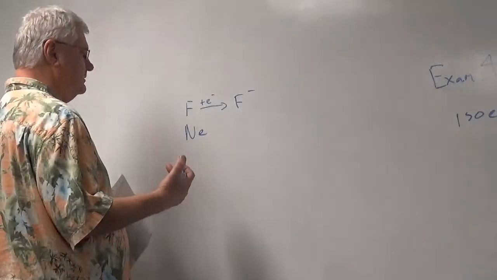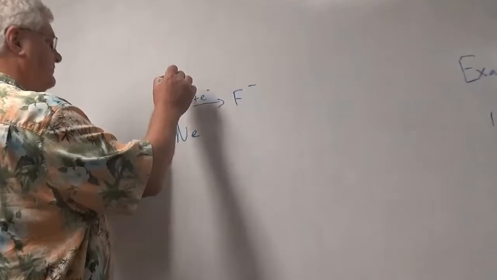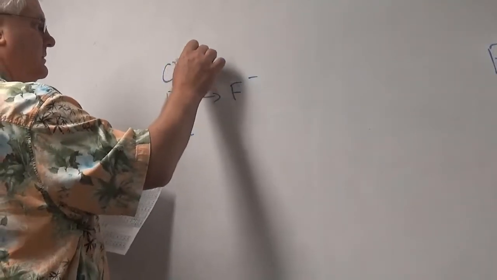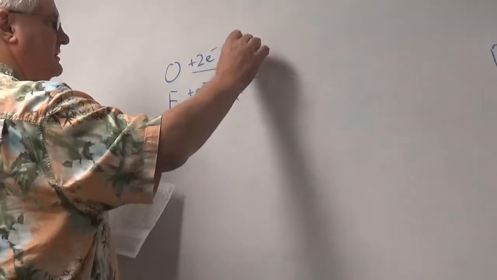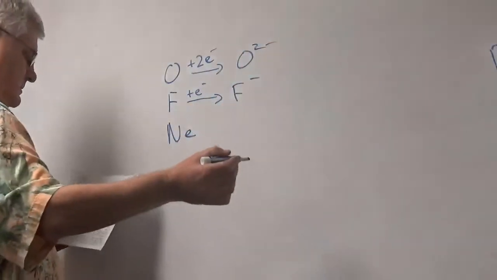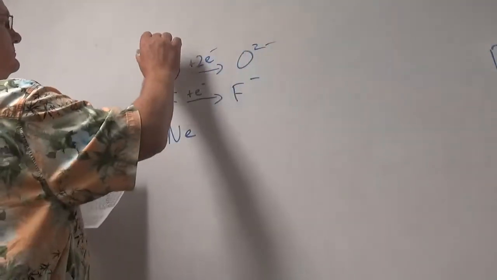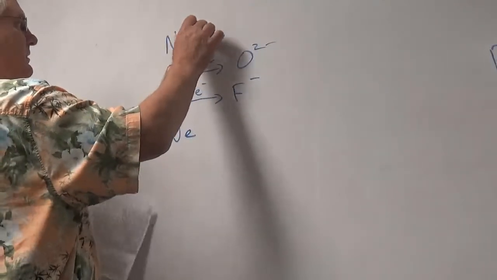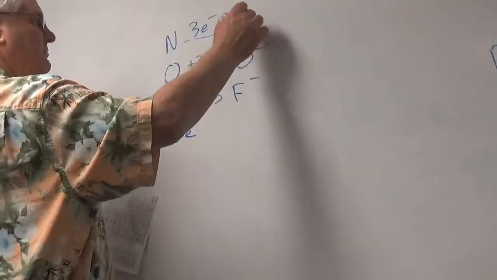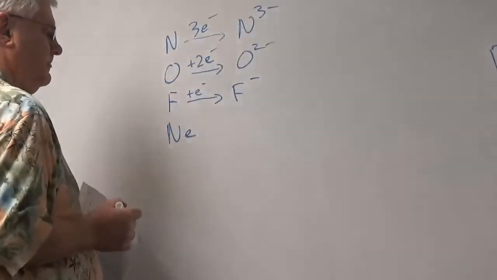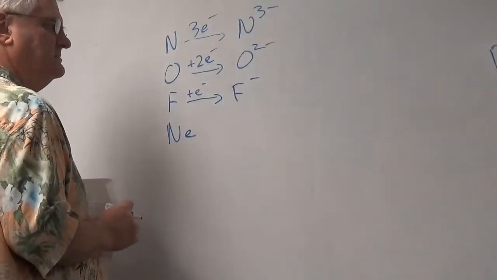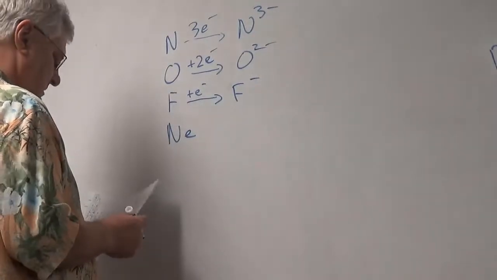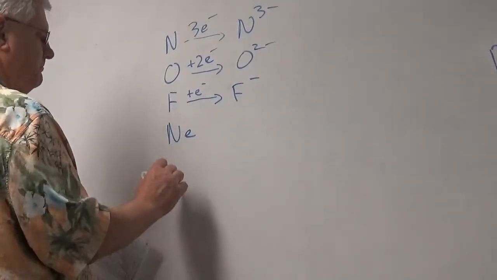We've talked about this before. For oxygen, it tends to gain 2 electrons and form oxide. For nitrogen, it tends to gain 3 electrons and have a 3- charge. So those are anions that are going to be isoelectronic with neon.